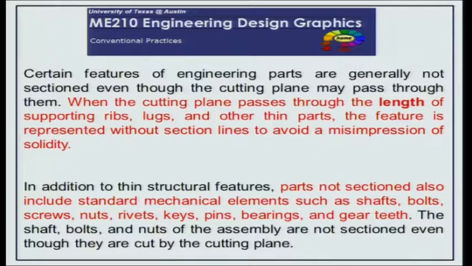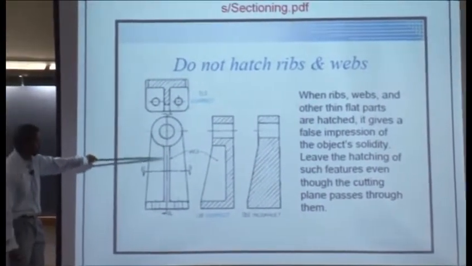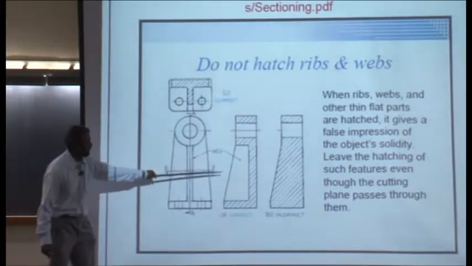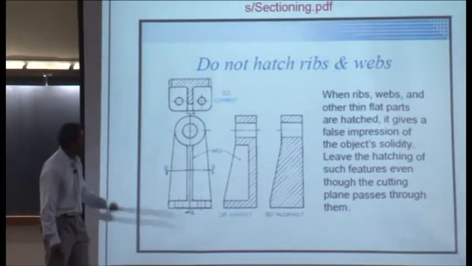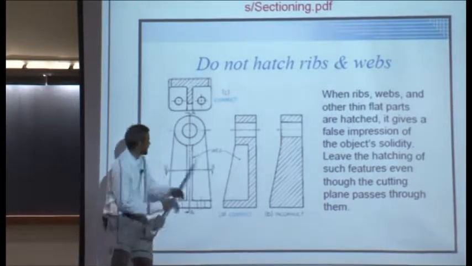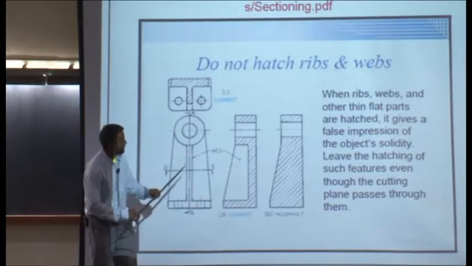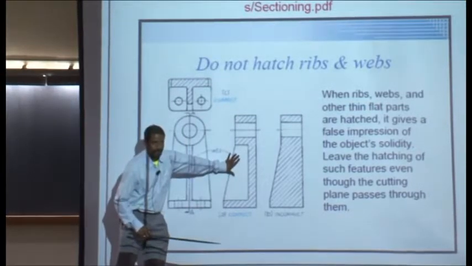Look at this figure, for instance. So you have a little web over here, or rib, whatever you want to call it. You take another view of this, section it. Look at this part. The section plane is running parallel to the web. This rib is not sectioned.